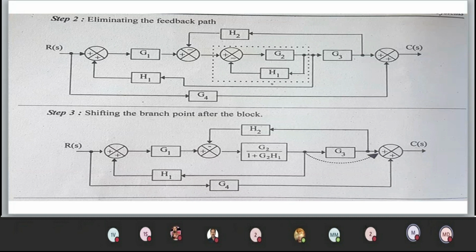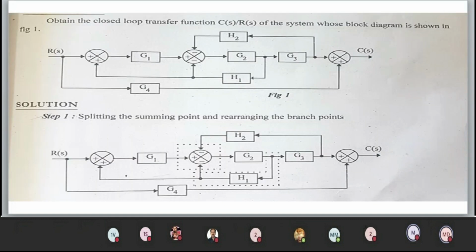But see that the plus and minus signs are never affected. G1 is entering the plus, H2 is entering minus, H1 is also entering minus. Now when you look at this question, see how complex it was looking. But when you split the summing points, you see how simple it becomes.